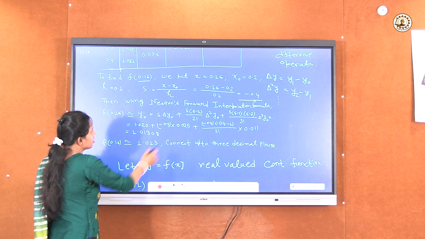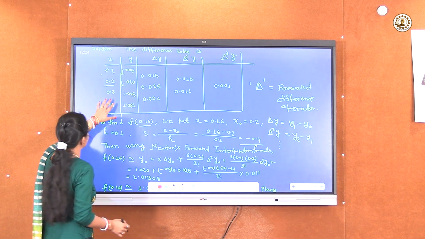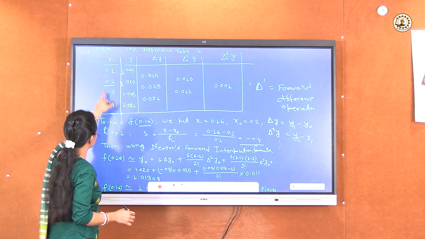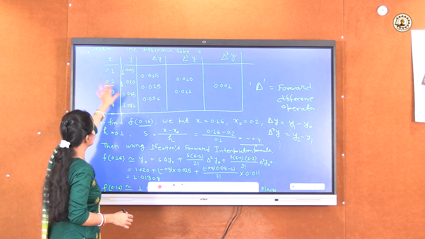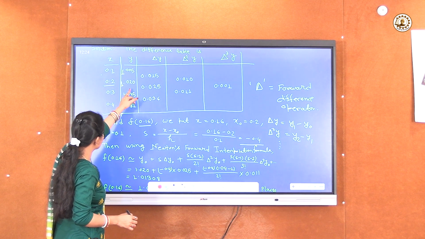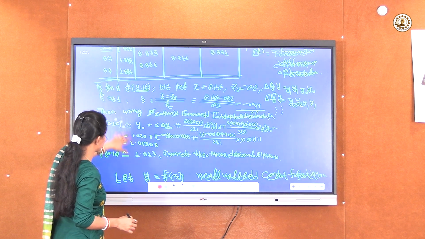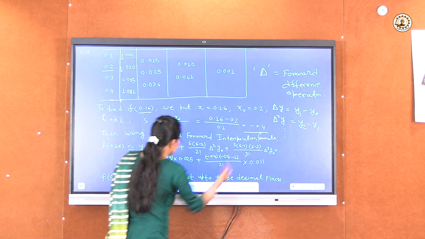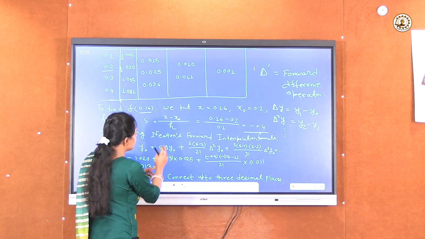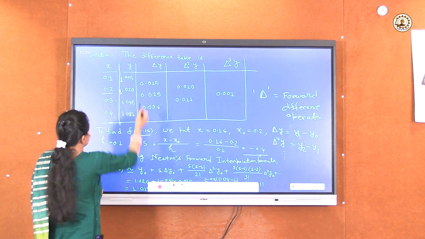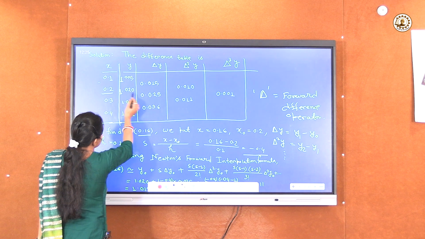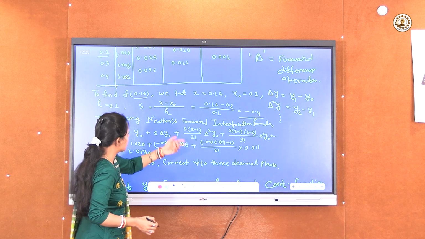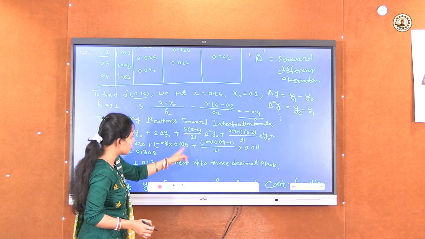First, the y0 value is 1.020 because our x0 value is 0.2. So 1.020 plus the s value, minus 0.4, into delta y0. Our delta y0 is the diagonal value 0.025.